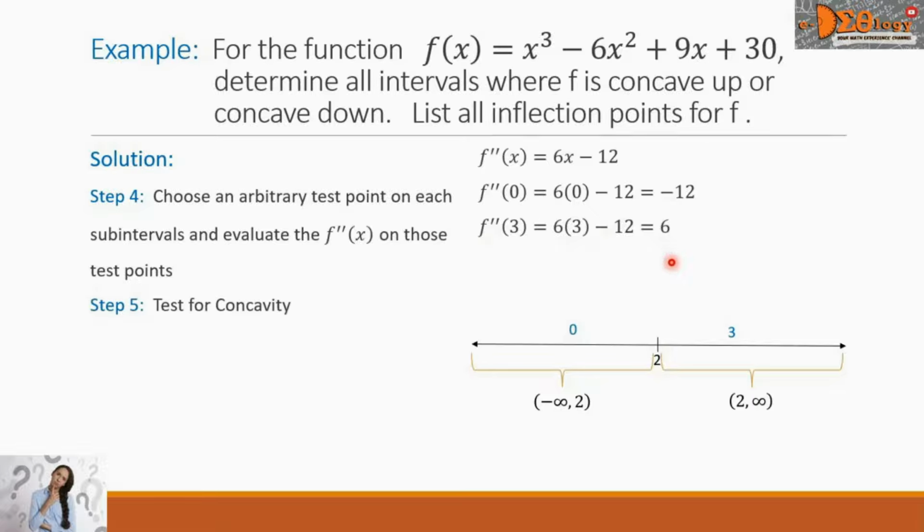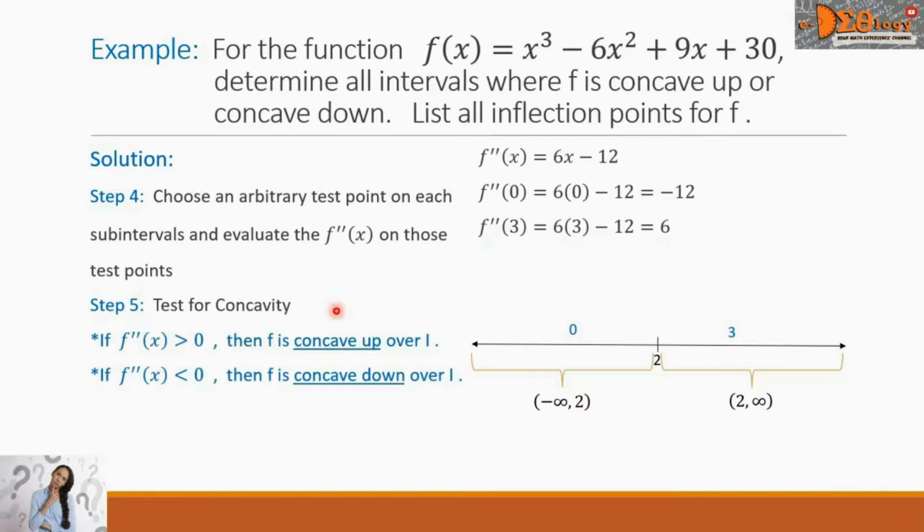Now step 5. Let us test for concavity. We say that if the second derivative is positive, then the function is concave up over that subinterval. Also, if the second derivative is less than 0, or say negative, then f is concave down over that subinterval.